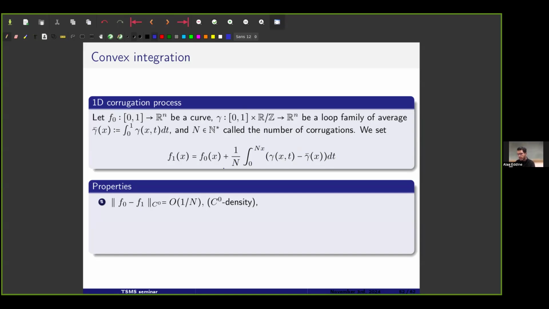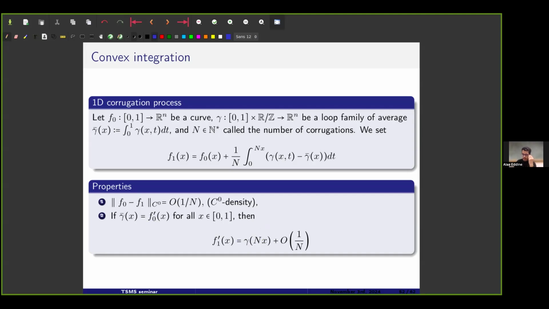So if you take n big enough, f1 will be as close to f0 as you want. And the second thing, if you assume that the average at each point of gamma is equal to the speed of f0, then the speed of f1 will be almost equal to gamma at some point.